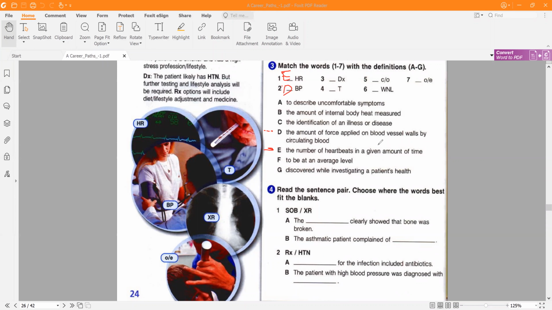DX, number 3, DX is C. It is the identification of an illness or disease. Then number 4, T. T is number B. Okay, B, which is the amount of internal body heat measured.